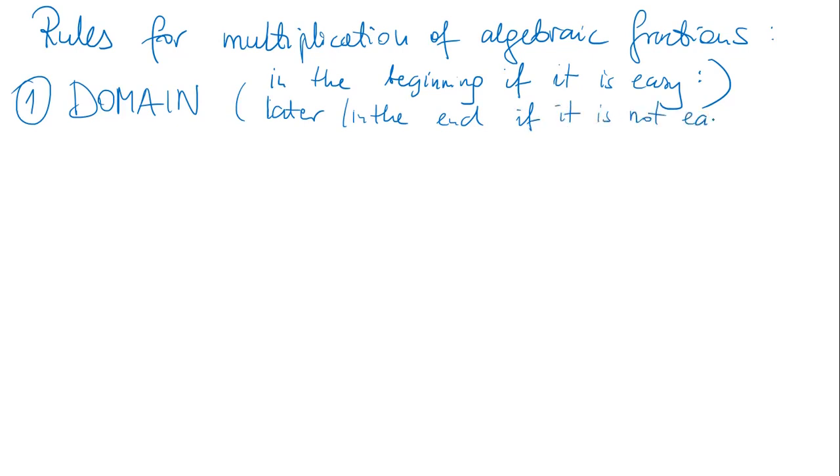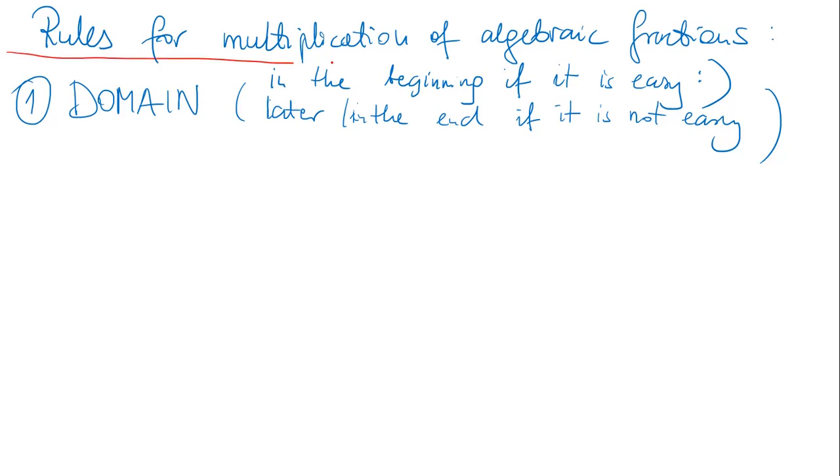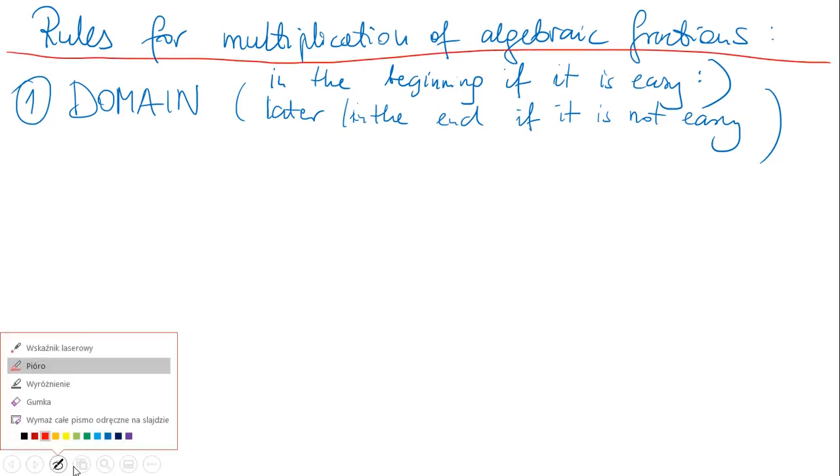It's exactly what we were doing in the exercises. Sometimes we could write the domain straight away because it was very easy and we could see that we have to get rid of some numbers, but sometimes we can't. So that's the first rule.